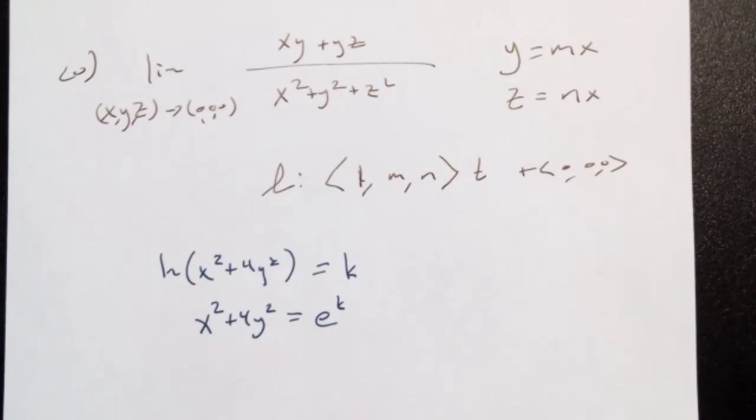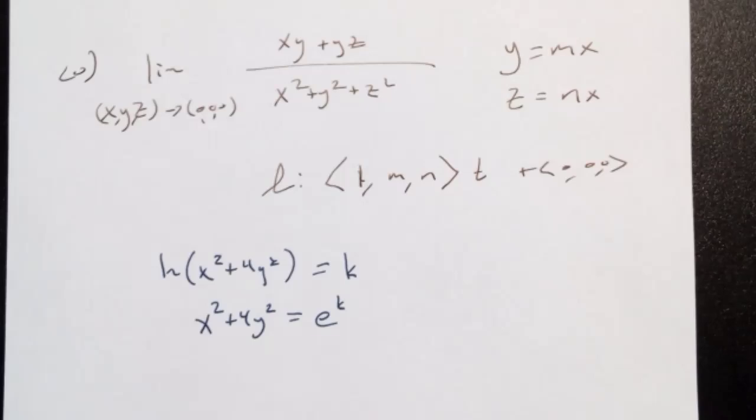If it was x squared plus y squared, it would be a circle. That 4 changes it. Oh, isn't it now an ellipse? I'm only in 2D, so it's actually just an ellipse. At the height k, we're going to have an ellipse instead of a circle.